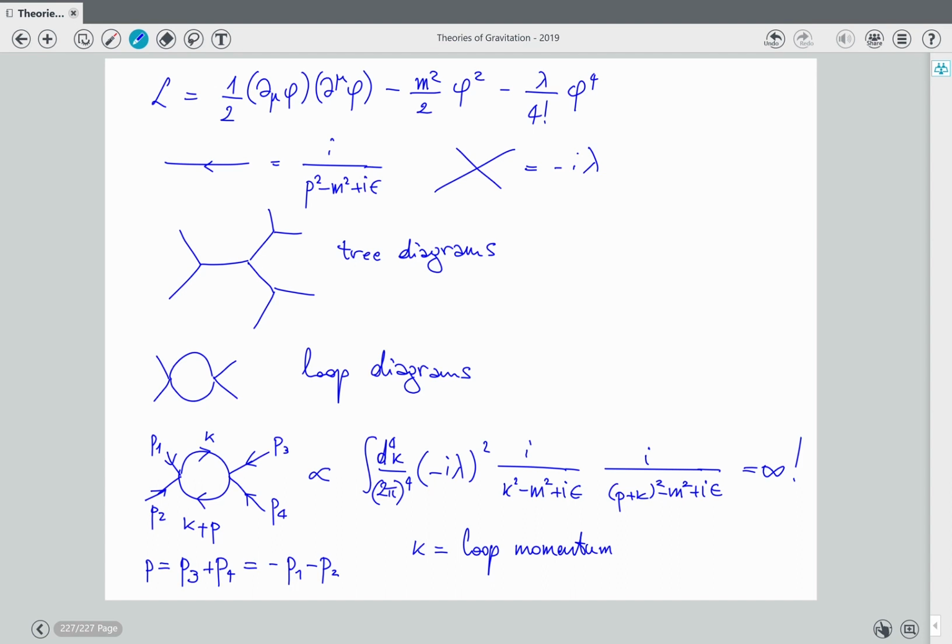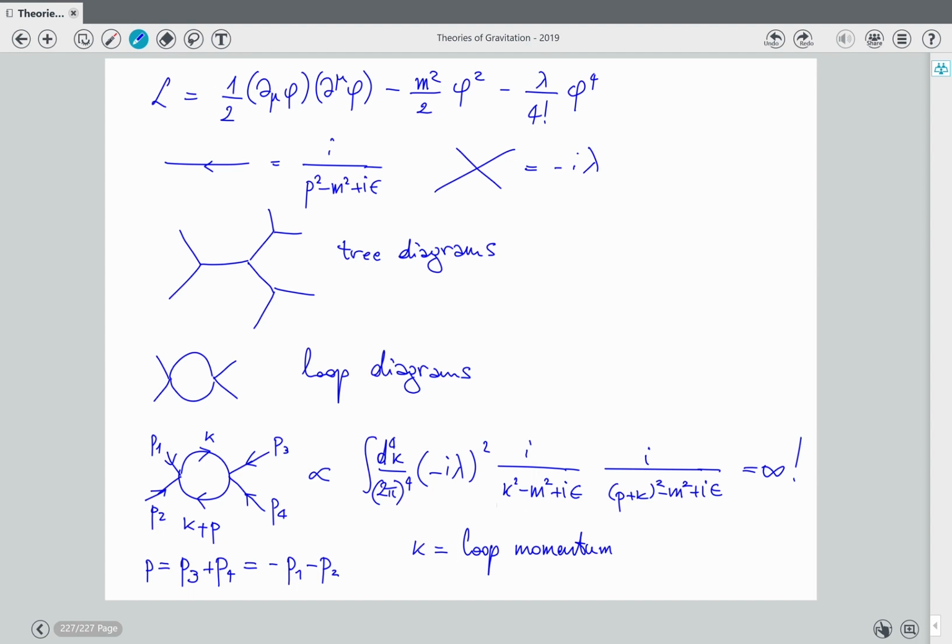Why? Well, there is no problem at k squared equal m squared when this is 0, or when this is 0, because i epsilon is a prescription that takes care of that and tells you how to circumvent those singularities.